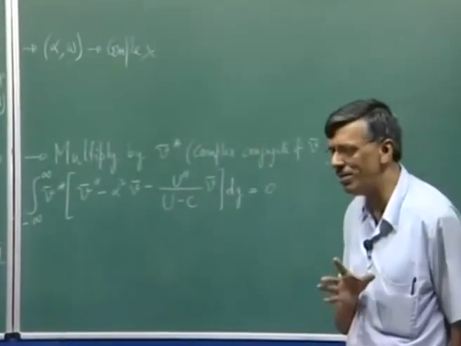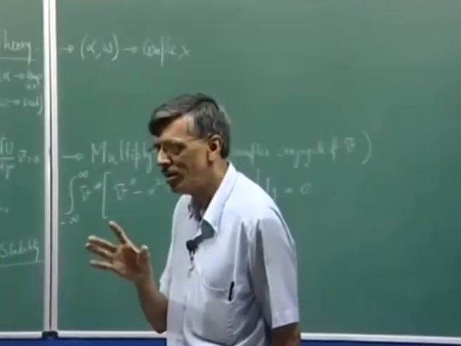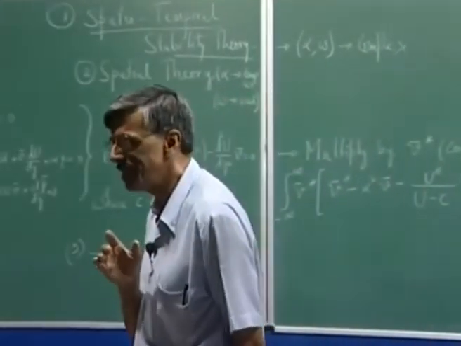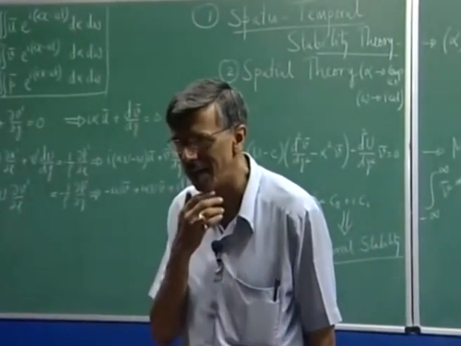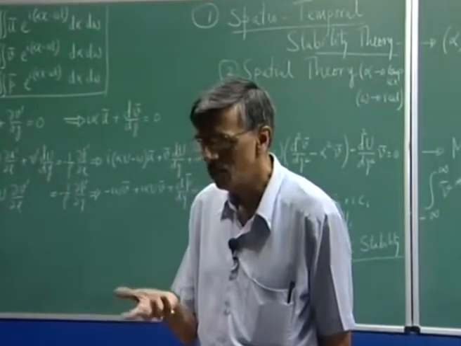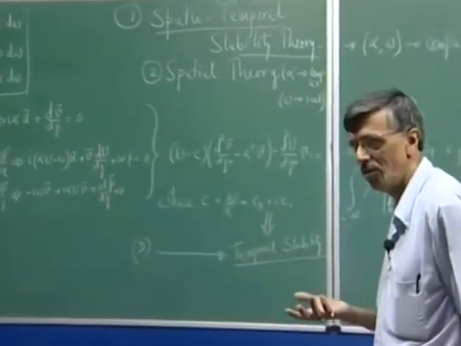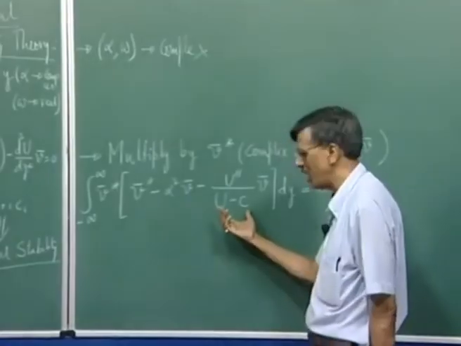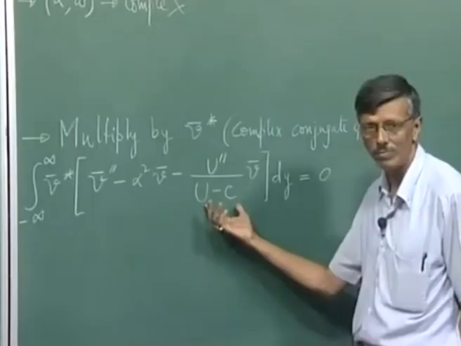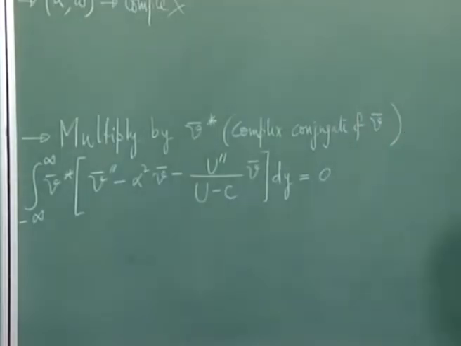Although you would have such a situation for neutral stability. Neutral stability would correspond to C I being equal to 0. So, for a neutrally stable flow, you will have a height where this can match. What are we talking about?